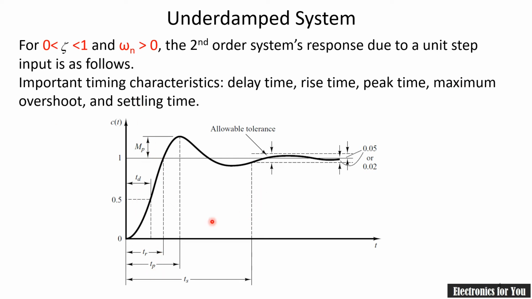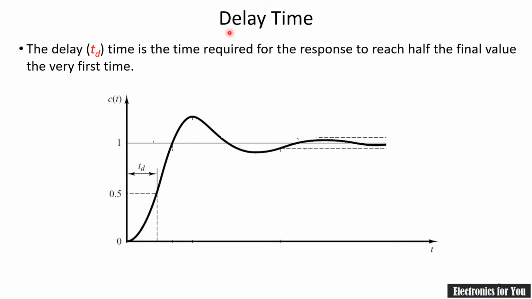On the basis of this diagram you can define these parameters, but you also have to remember the formulas related to them. The first parameter is delay time, and note here that delay time is this one. It starts from this point, where the x-axis is our time axis, to this point. You can see here that the response is reaching 50%, or half of the reference input, or half of unity.